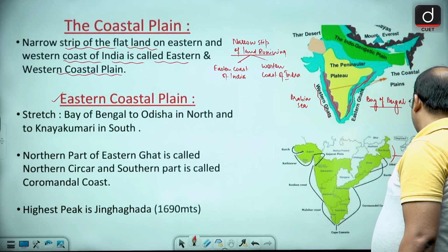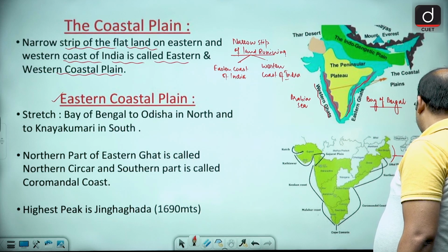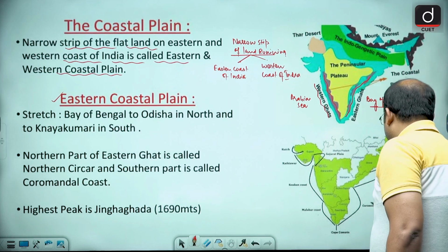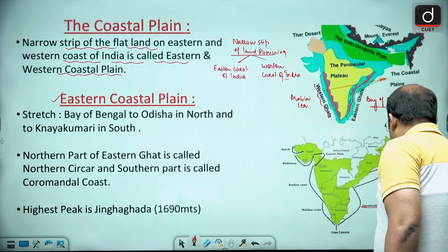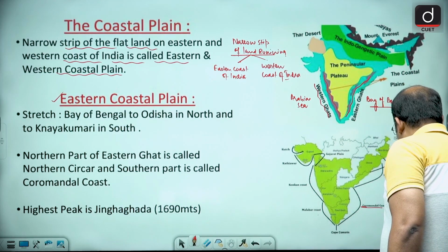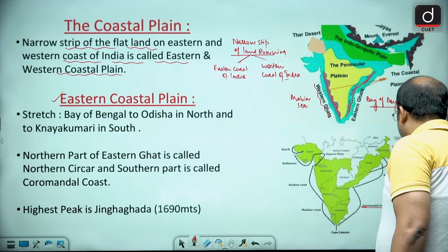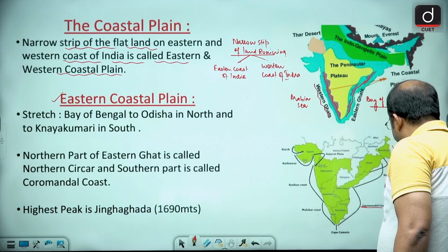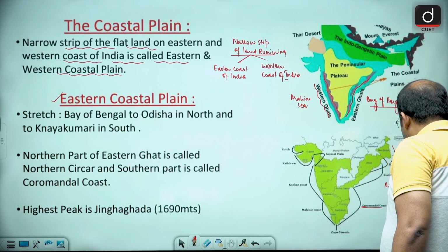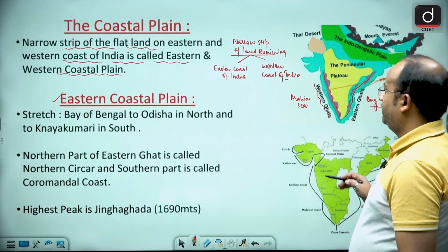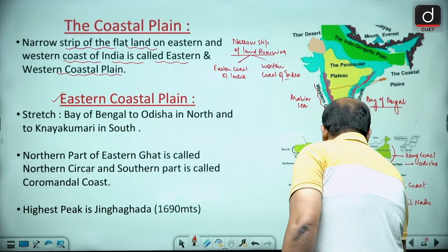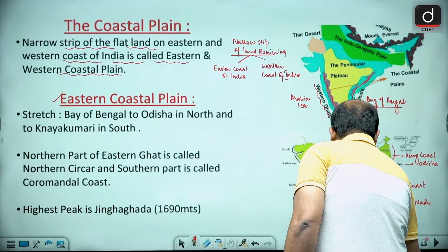Then it comes to Odisha, this is called the Utkal coast. Then we have the Coromandel coast, that is in Tamil Nadu. Then in Andhra Pradesh we have the Andhra coast, and that goes up to the south, to Cape Comorin, called Kanyakumari.